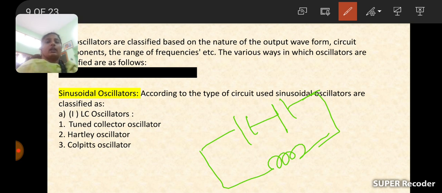Then the circuit is called Colpitts. Finally, here the tank circuit contains only inductors and capacitors. If it has only one inductor and one capacitor, that is called a tuned collector oscillator. If it has two inductors and one capacitor, then it is called a Hartley oscillator. If it has two capacitors and one inductor, then that is called a Colpitts oscillator.